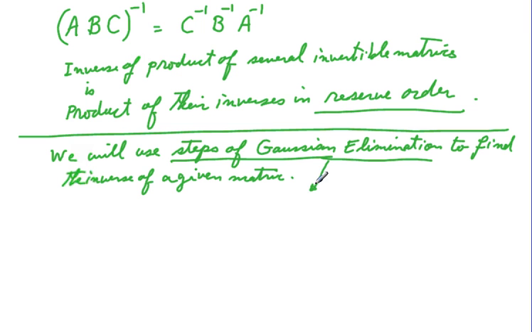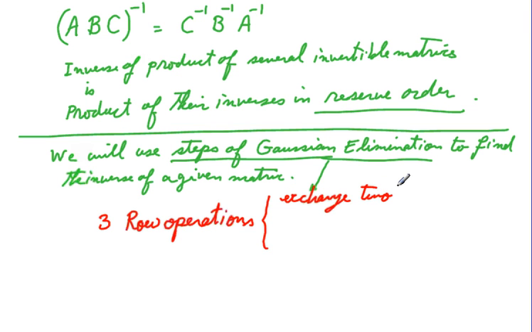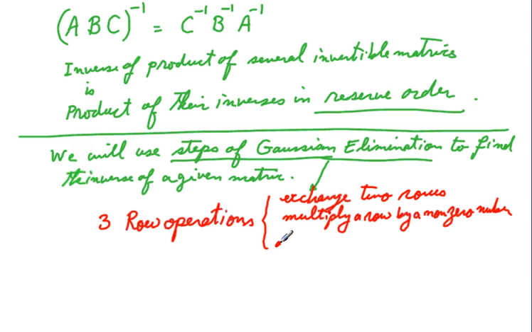These were 3, remember: one was exchange 2 rows; multiply a row by a non-zero number; add a multiple of a row to another row.